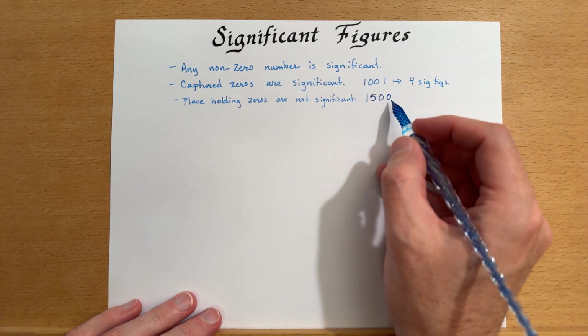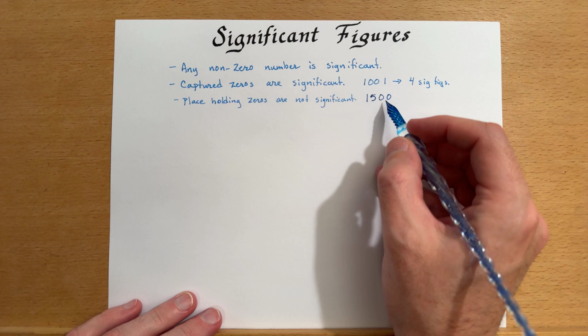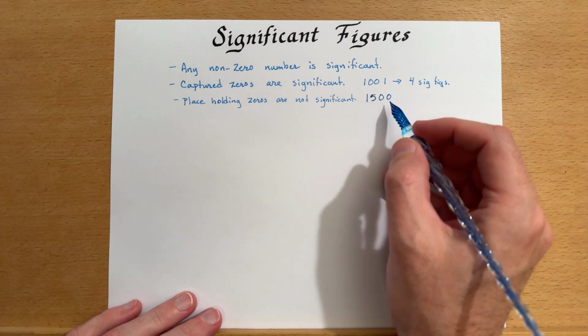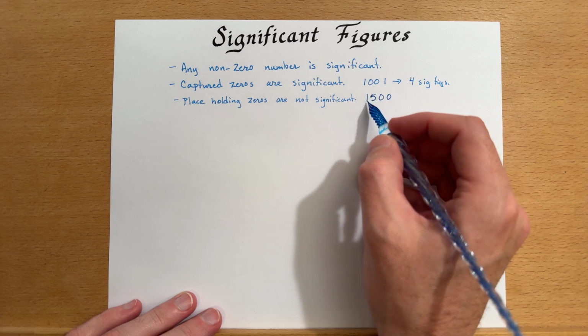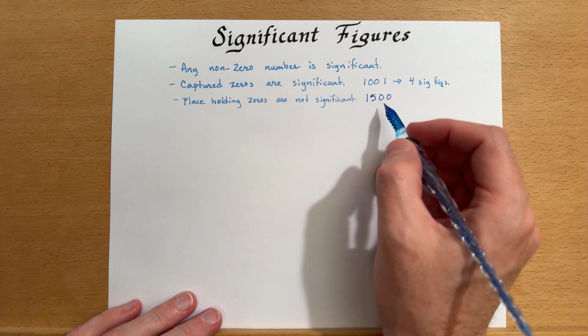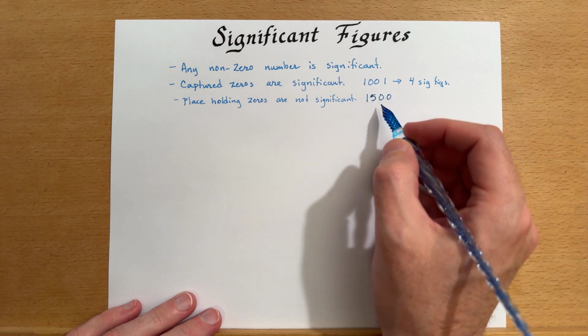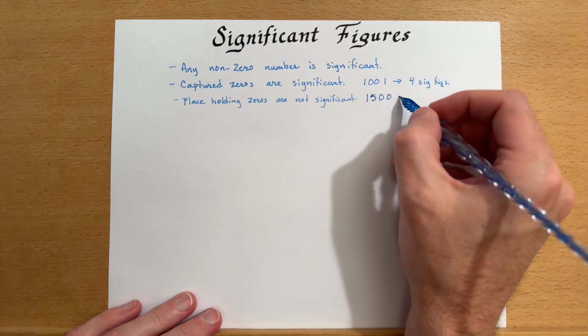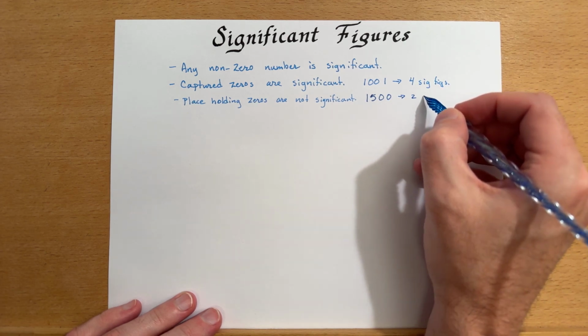Here are 2 placeholding zeros at the end of 1500. Those zeros are there to hold the place of the 1 and the 5, and they may or may not be significant. And we have to assume that they are not significant unless we're told otherwise. So this number assumes only 2 significant figures.